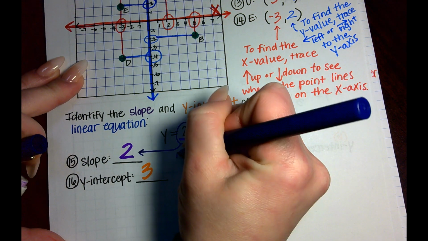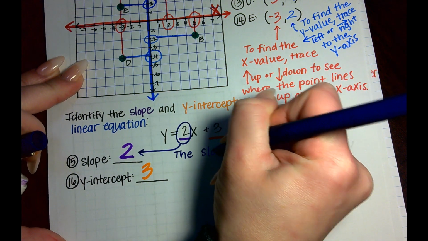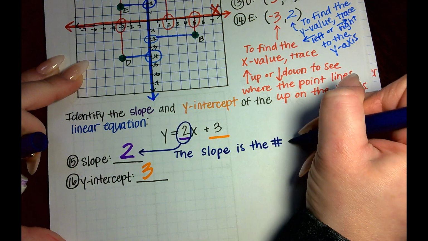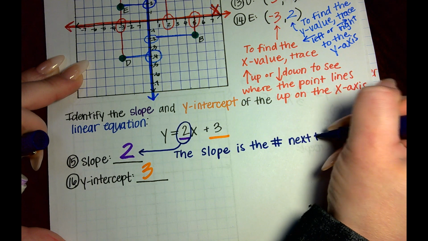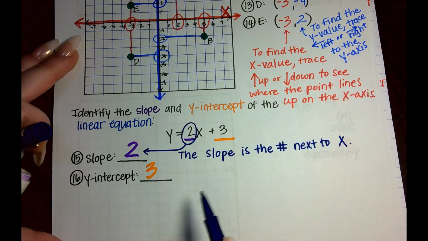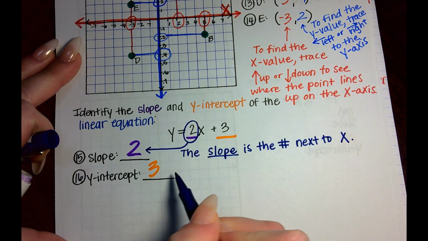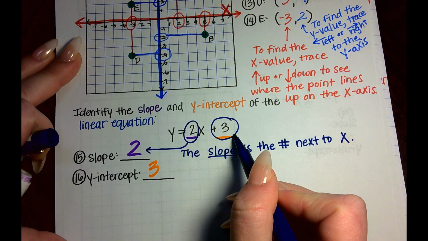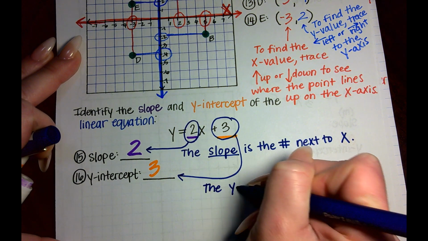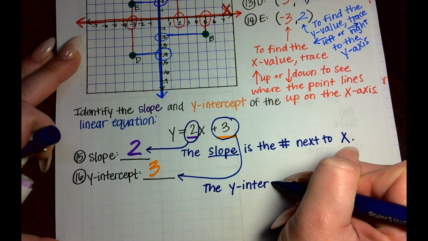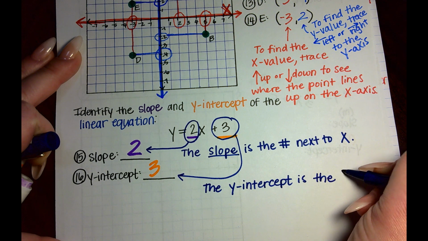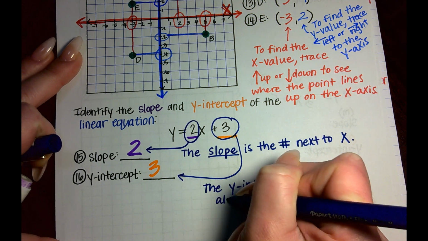I'm going to write: the slope is the number next to x, and the y-intercept is the number at the end.